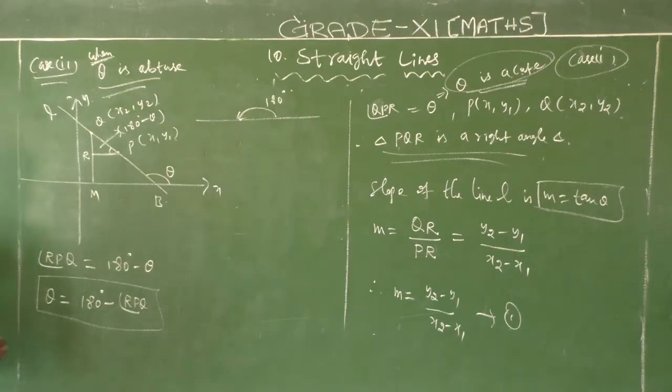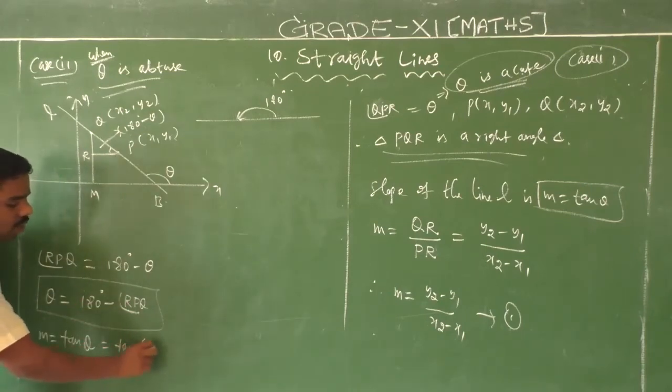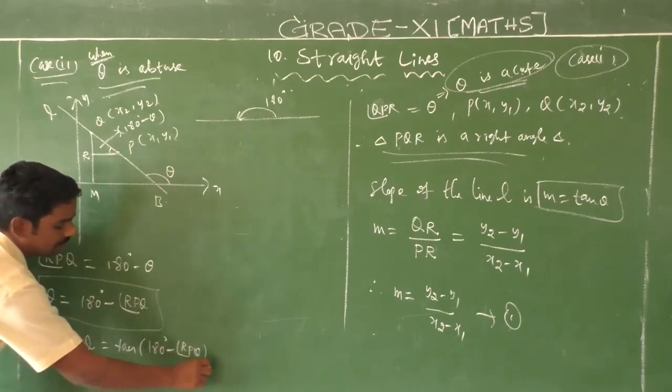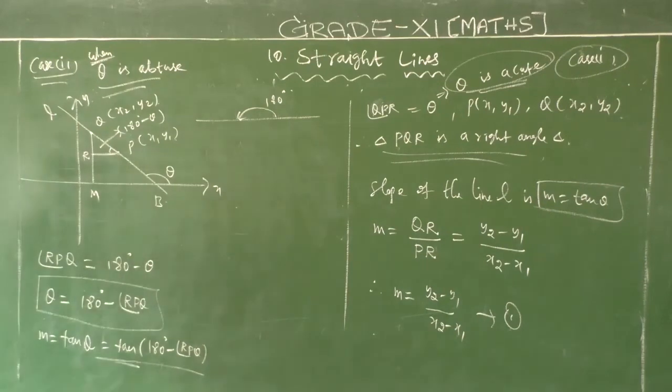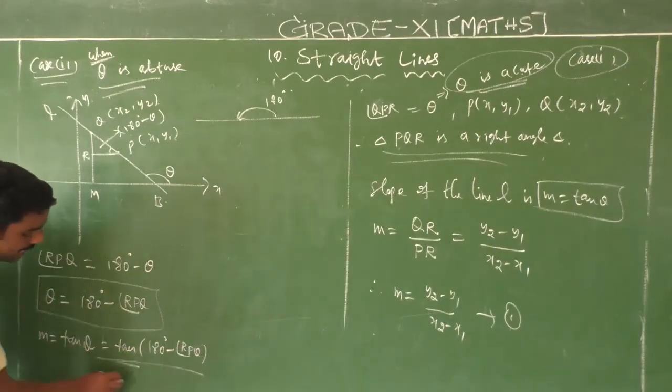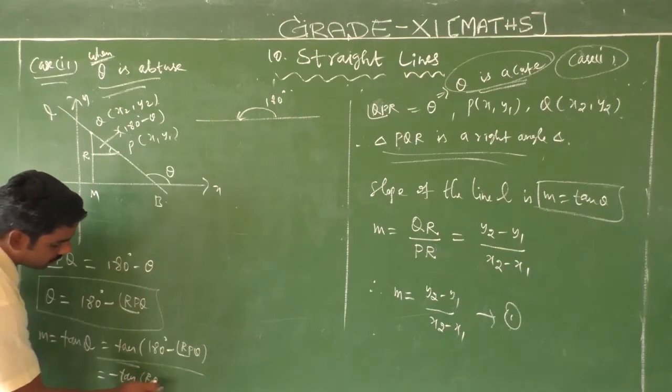You know, the slope of the line m is equal to tan theta. Then theta is 180 degrees minus angle RPQ, so m is tan of 180 degrees minus angle RPQ. The tan of 180 minus theta is equal to minus tan of angle RPQ.